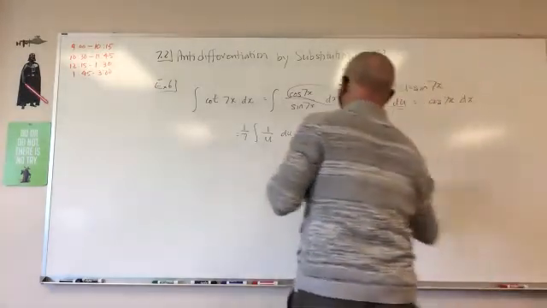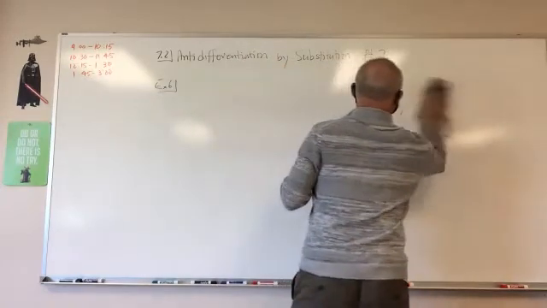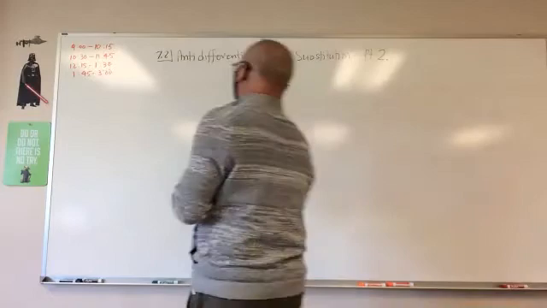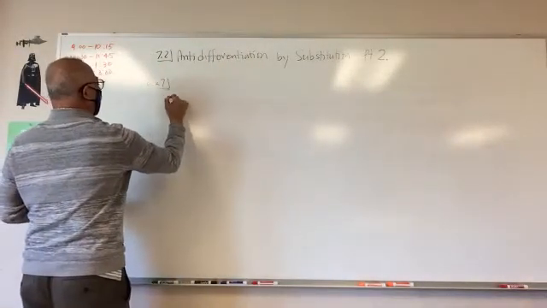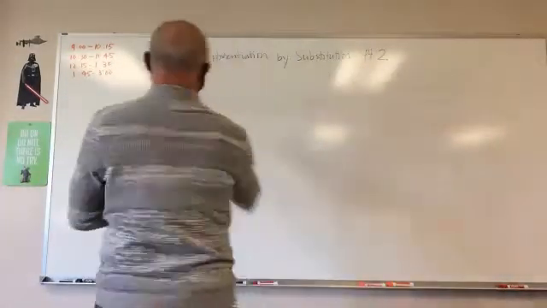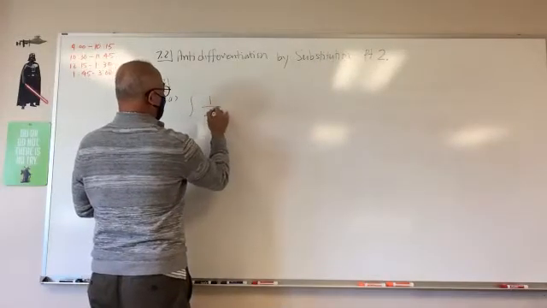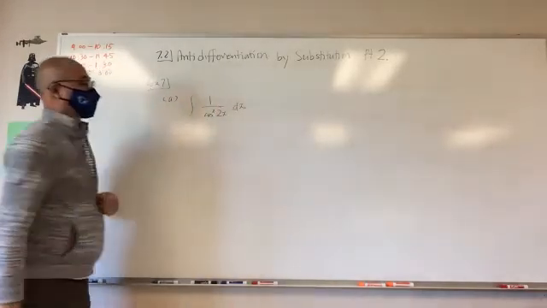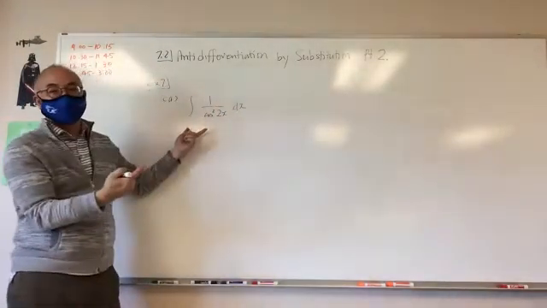We get some interesting stuff in example number 7. We get some trig stuff. That's everybody's favorite trig. And we have 1 over cosine squared 2x dx, which is really the same as, if you put it like this, I don't know what's going on.